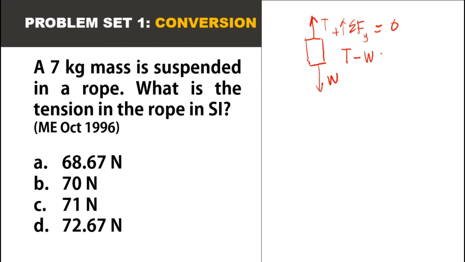So tension minus weight equals 0. So the tension is just equal to the weight of the object. So we have the weight is equal to the tension, that is mass times the gravitational acceleration.